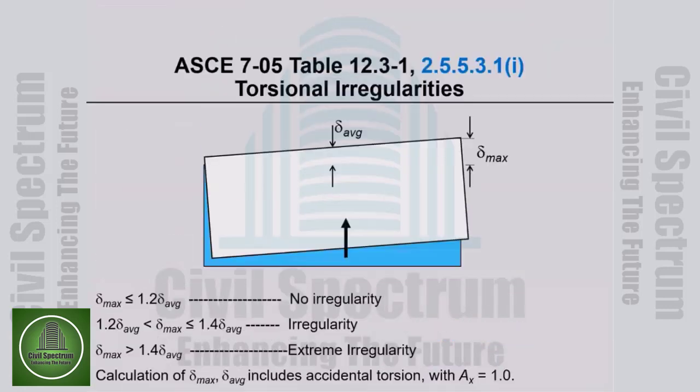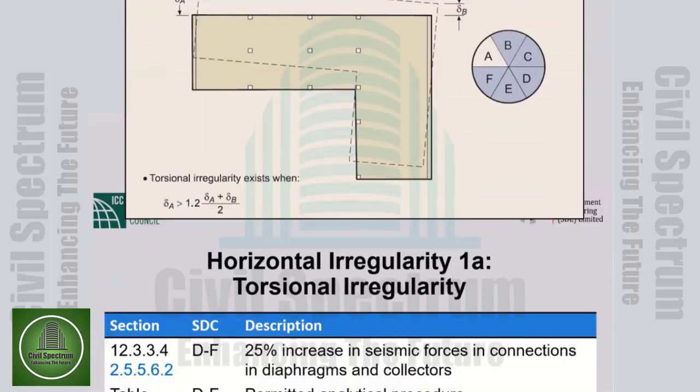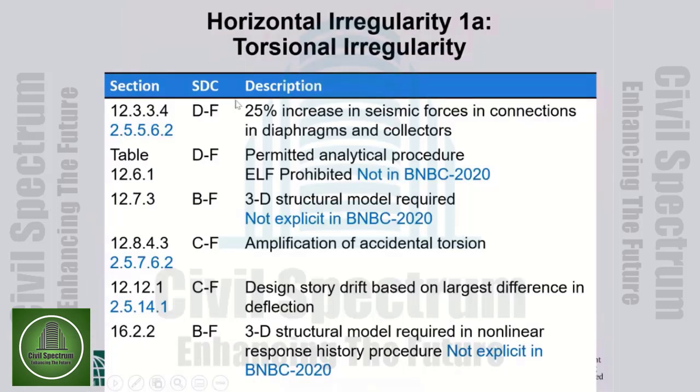So the first requirement, 25% increase, I think should be abundantly clear. Then we are asked to go to the table of permitted analysis procedures.